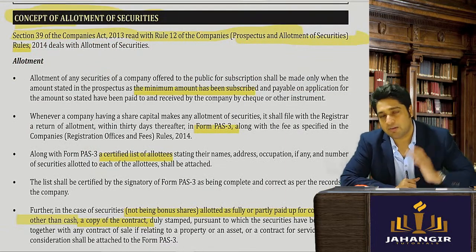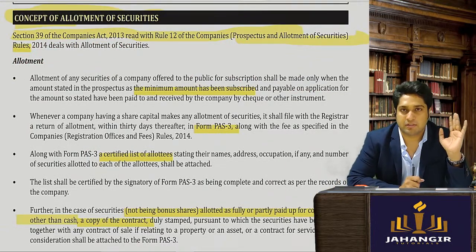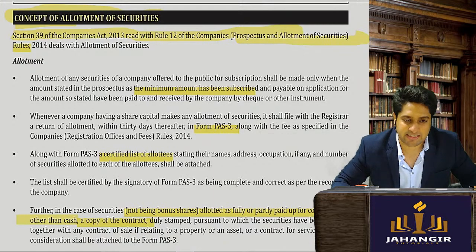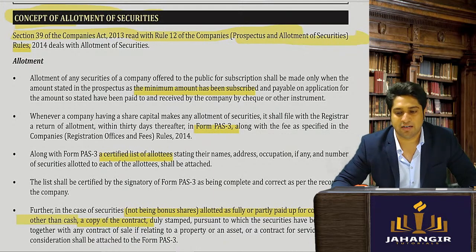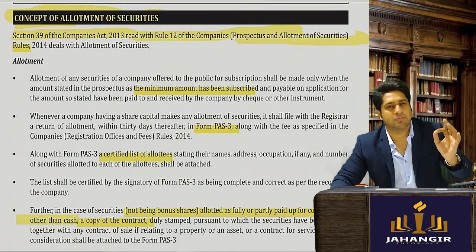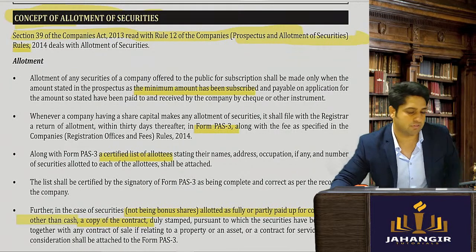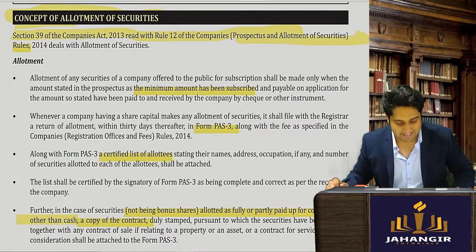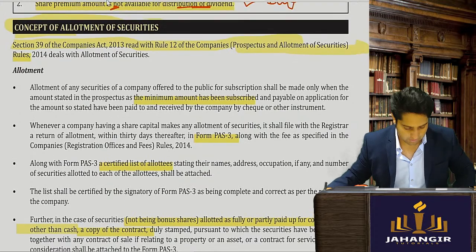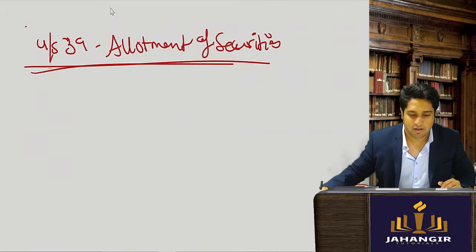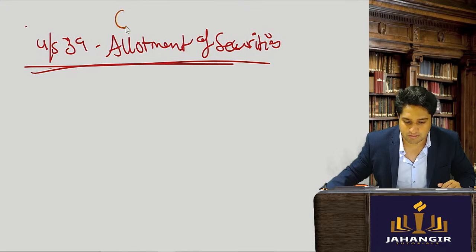So what does it talk? I want you to understand allotment, okay, because this has been an exam question also, and I will now take you through it from some logical point of view also. Now I will be writing something stupid, okay, just to explain you the concept. Allotment is like birth.